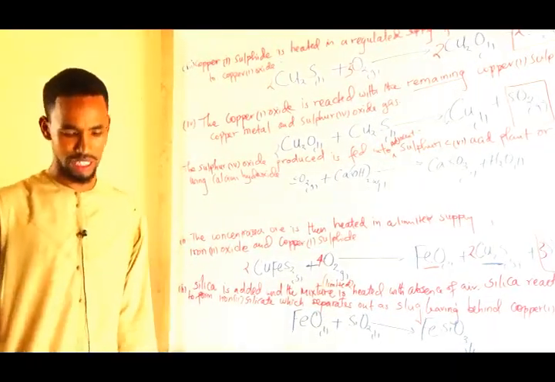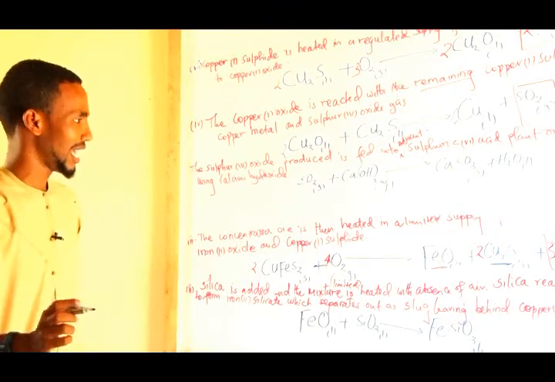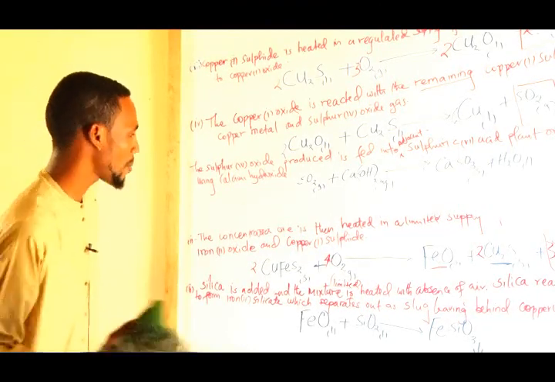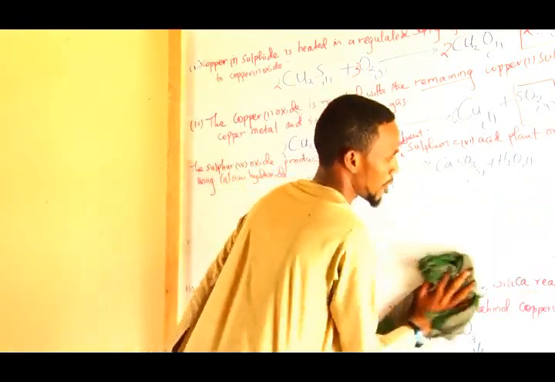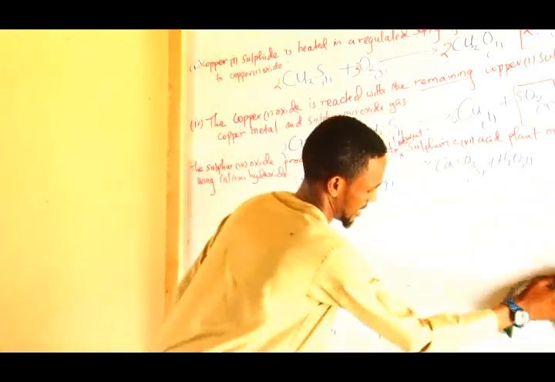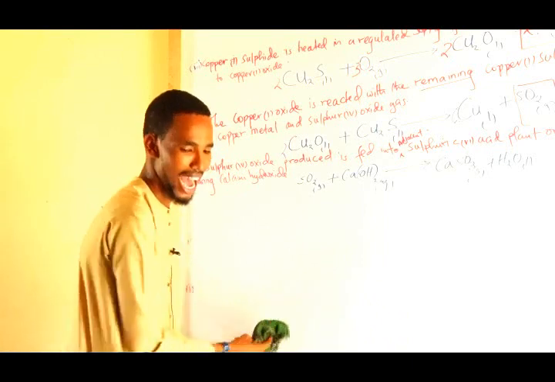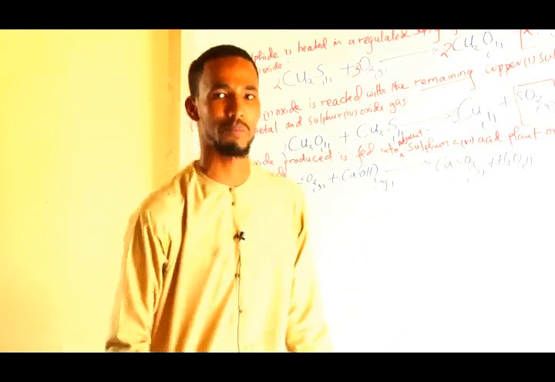Now, the copper obtained in this method, which method am I talking about? I'm talking about the reduction method.